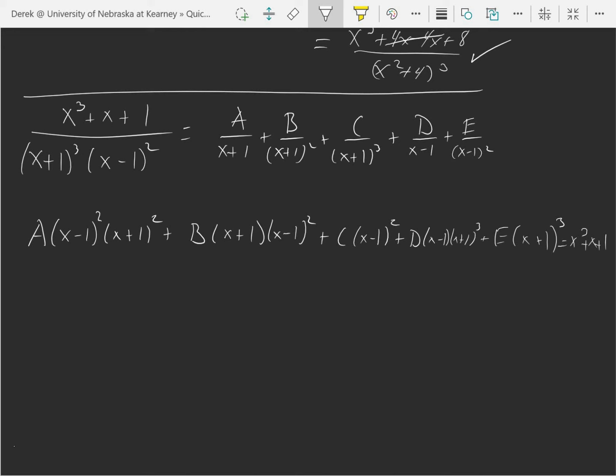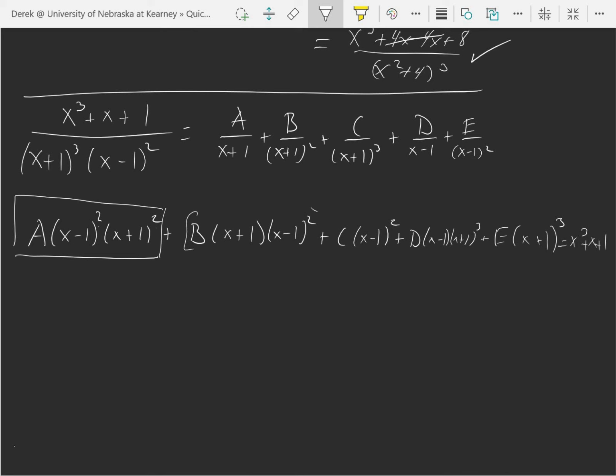Differentiation does not remove roots. Well, it removes one of the roots. So if I have multiplicity 2, the derivative of this will have a root of multiplicity 1 at negative 1 and a root of multiplicity 1 at 1. Because the multiplicities of both of these are 2, their derivatives will have a root at 1 and negative 1.